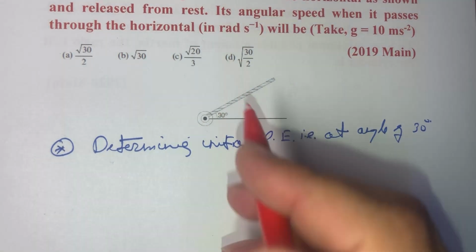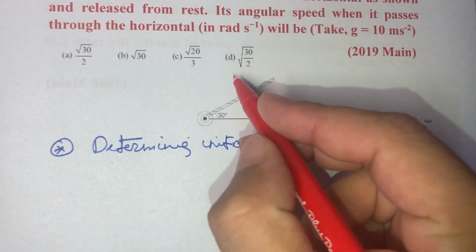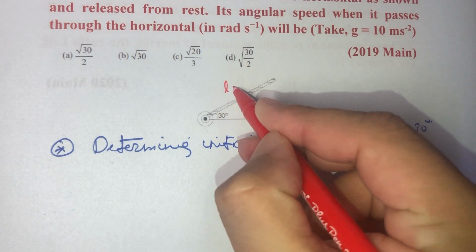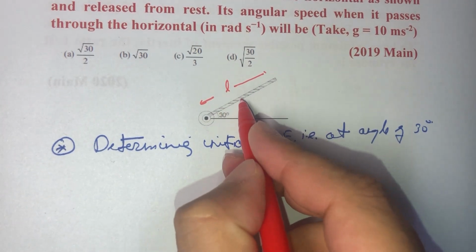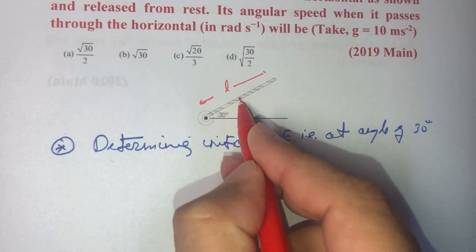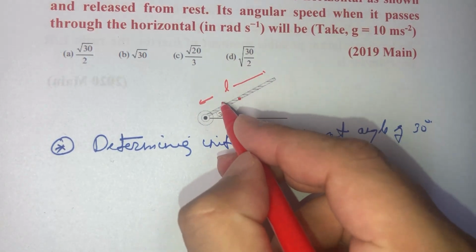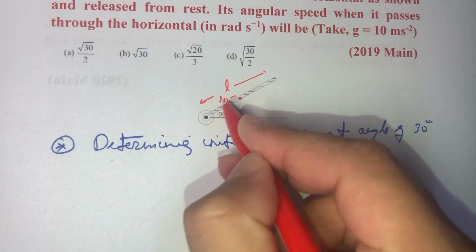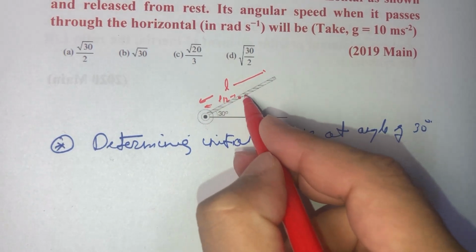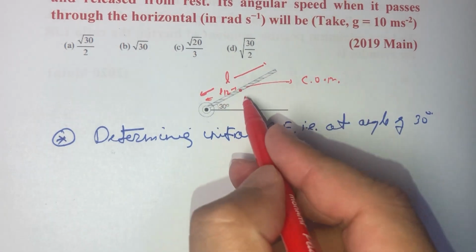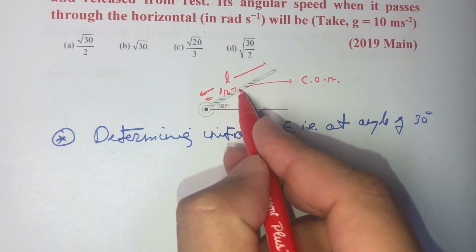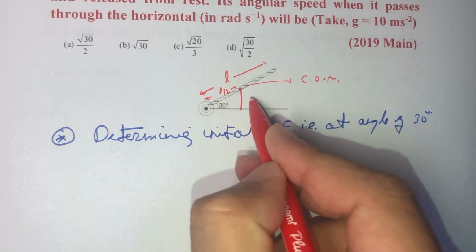If L is the total length of the rod, then the center of mass will be at a distance of L by 2. So this is our center of mass, and the center of mass is at a height h from the horizontal.